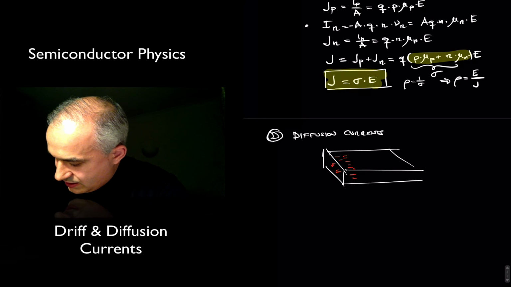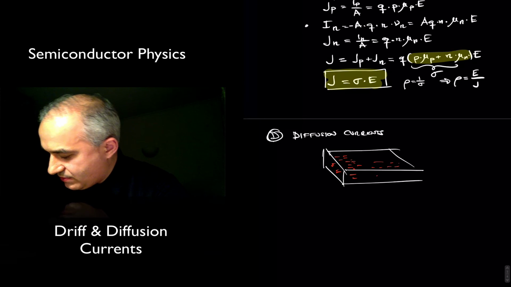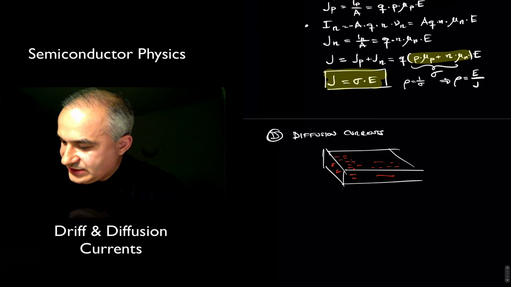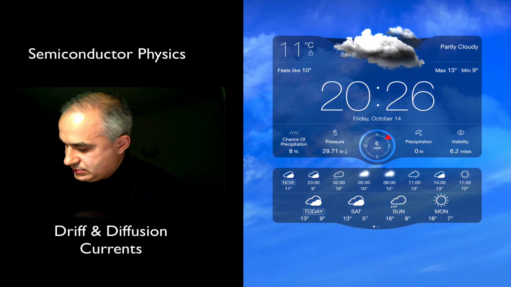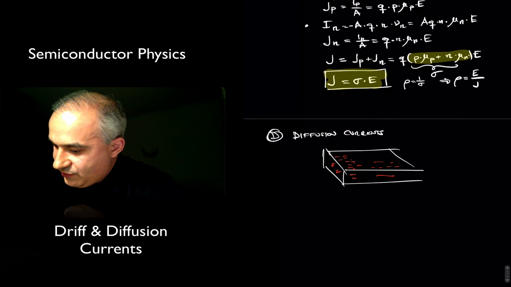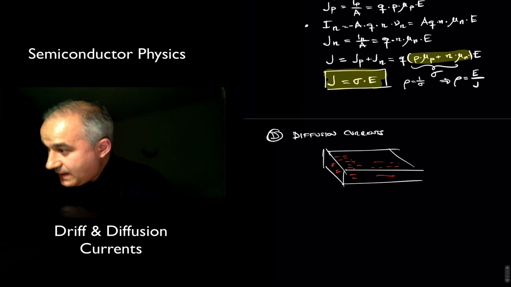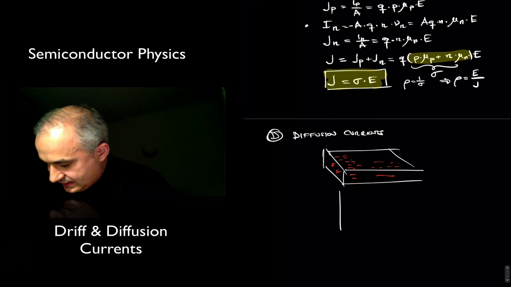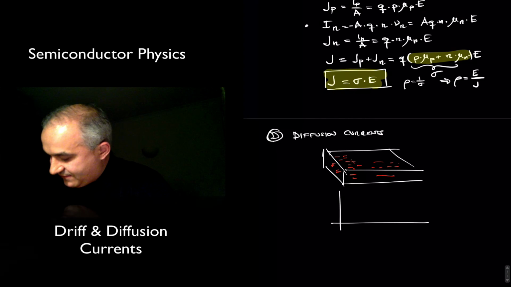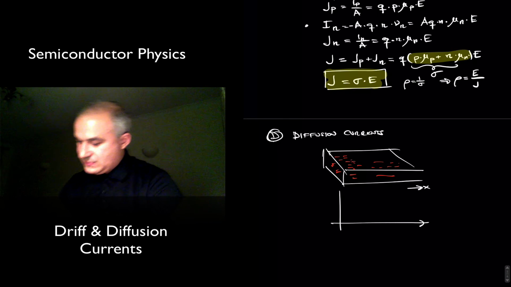But you have more on one side than throughout the material. So if we were to plot, for instance, the concentration, in this case, as a function of x, so x is here, okay?